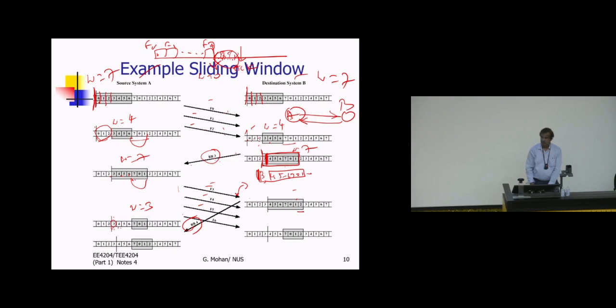The receiver says it's ready to receive frame number 4 onwards. So this is the state of the sender when it receives RR4. Before 4, there's only one frame, so the sender will expand by only 1. So W becomes 4. And the vertical bar will be moved here because 3 has been acknowledged. Okay? Any doubt?